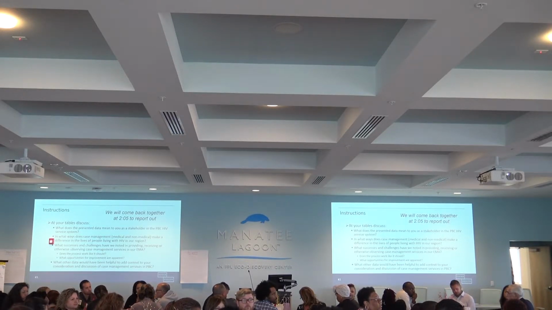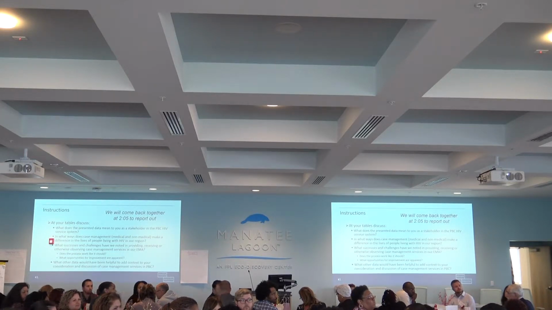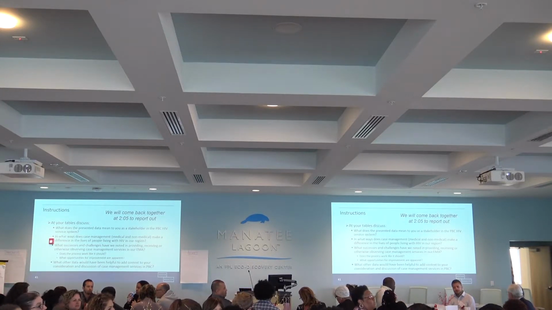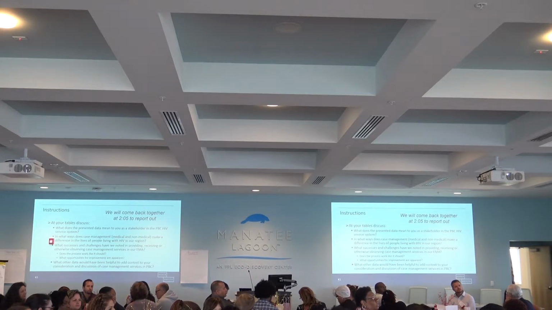Absolutely. So our conversation also got pretty deep, so we also only got to 2 questions. But for the first part, when we were talking about the data, you mentioned the definition of viral load suppression was below 200. And I know that that's the CDC definition, but for a lot of us, I think it's less than 20.